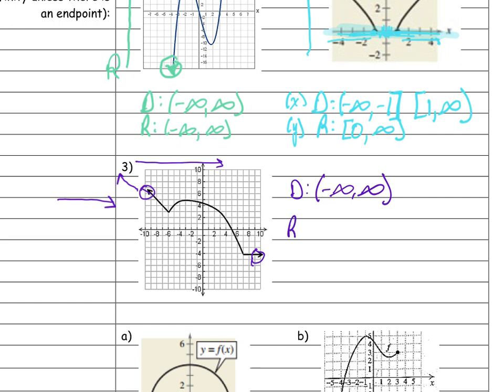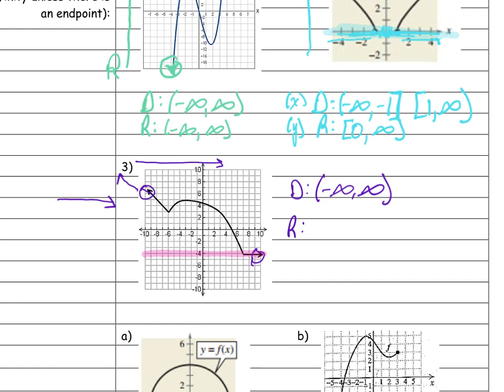Now this range is a little funky because I'm going to highlight this. This is my lowest point. My graph doesn't go down any lower than this because what happens to this piece of the graph is it flattens out. It doesn't go any lower.